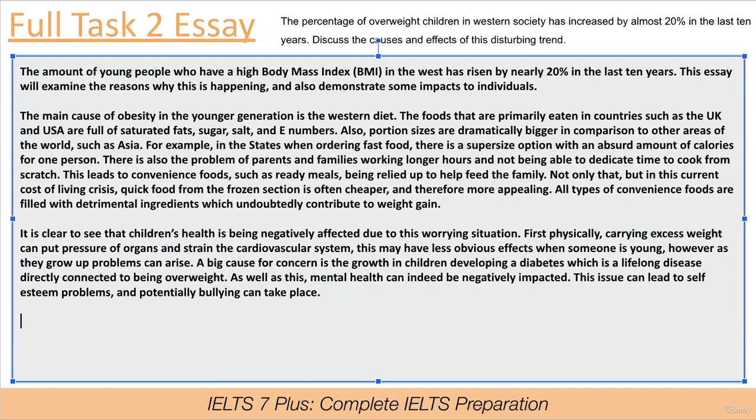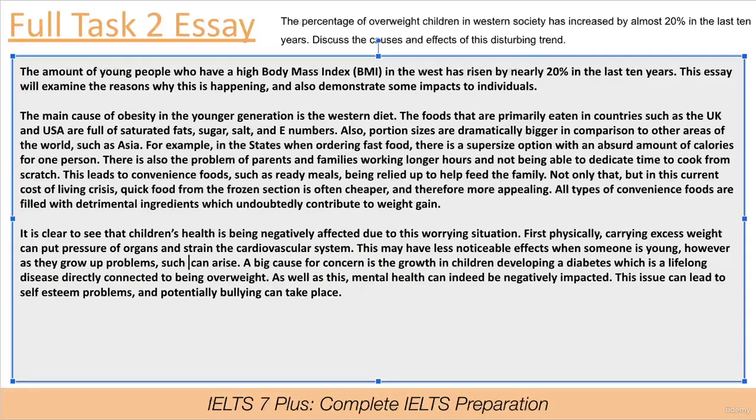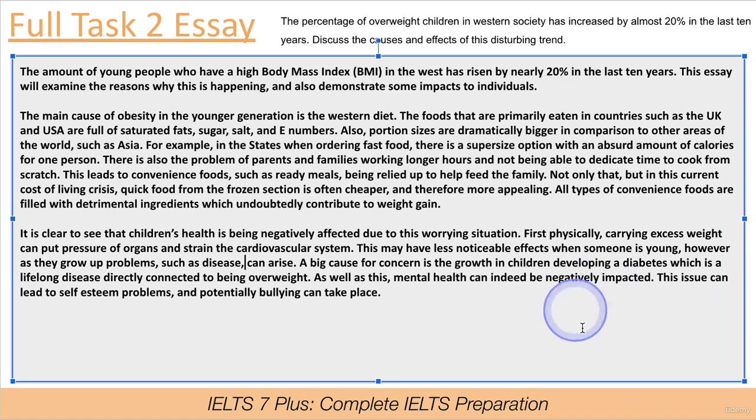It is clear to see that children's health is being negatively affected due to this worrying situation. First, physically, carrying excess weight can put pressure on organs and strain the cardiovascular system. Let's do a full stop there. This may have less obvious effects when someone is young. However, as they grow up, problems such as disease can arise.